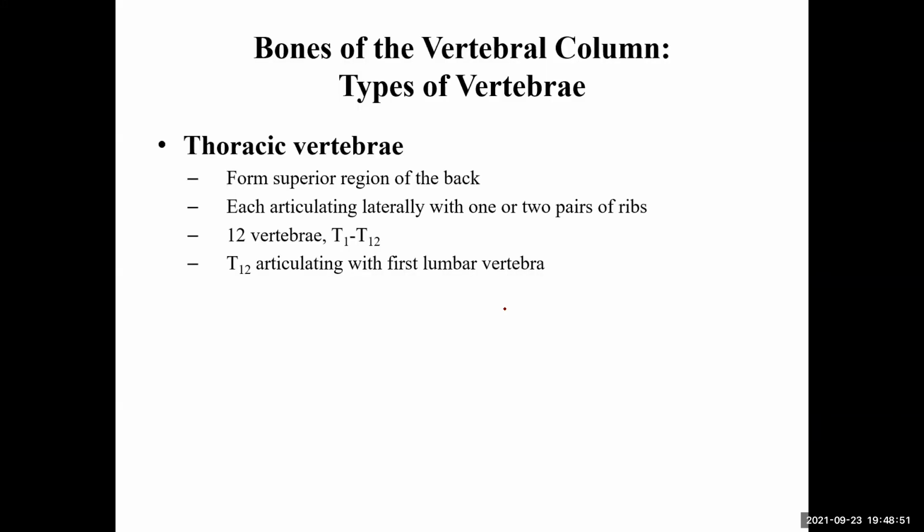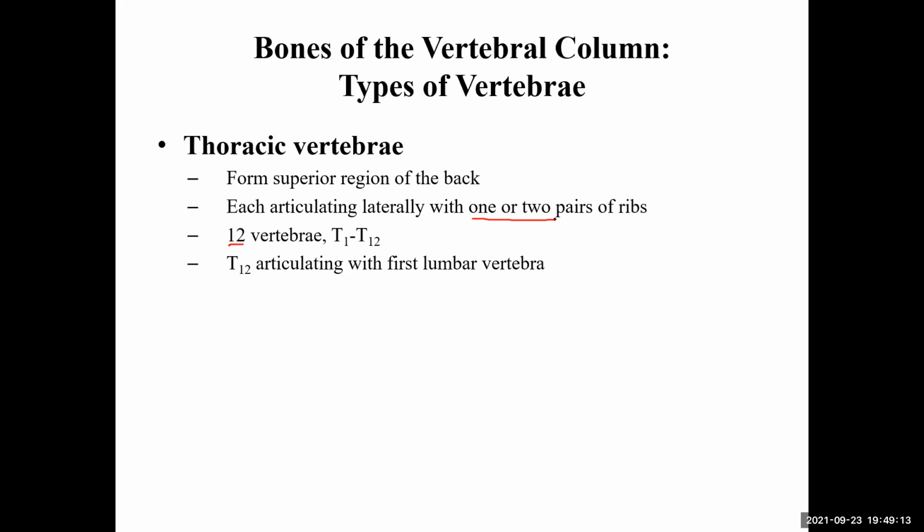Okay, the next division is the thoracic division. We have 12 vertebrae in the thoracic division. Each vertebra is going to articulate with 1 or 2 pairs of ribs, a pair meaning you have a left one and a right one.